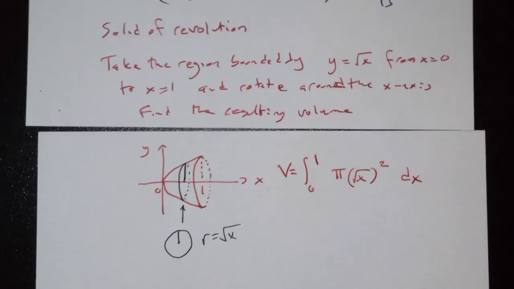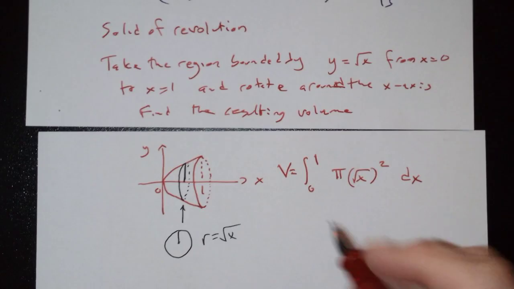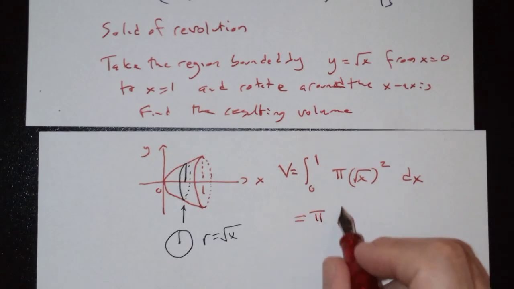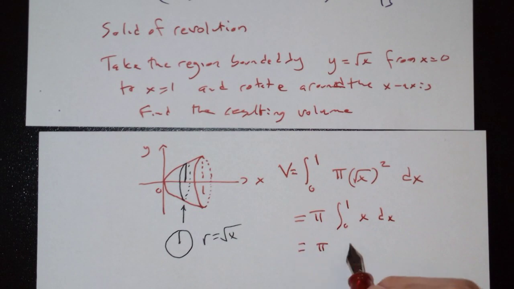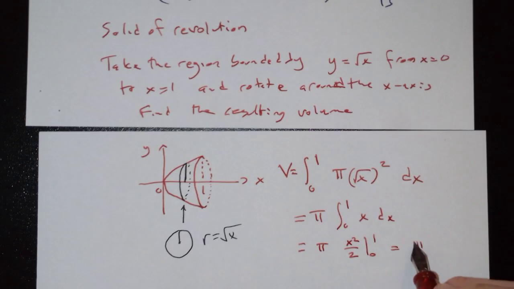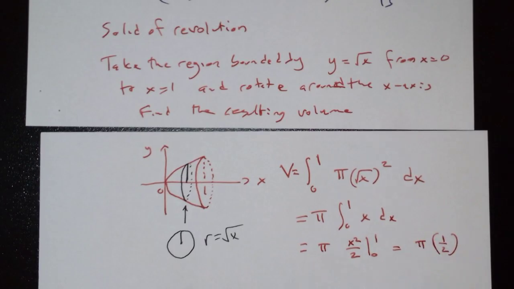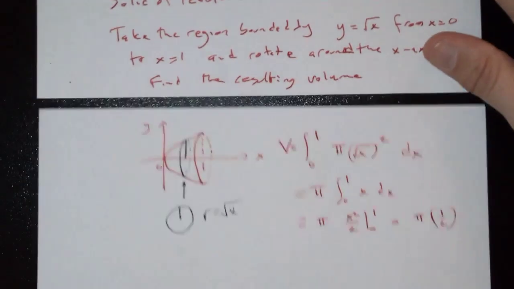The area of the circle is pi r squared. R is the square root of x in this case. Well, that just got a lot easier. What happens when you square the square root of x? Poof. The pi comes out front again. I integrate. Plug in 1, you get 1/2. Plug in 0, you get 0. Ta-da!